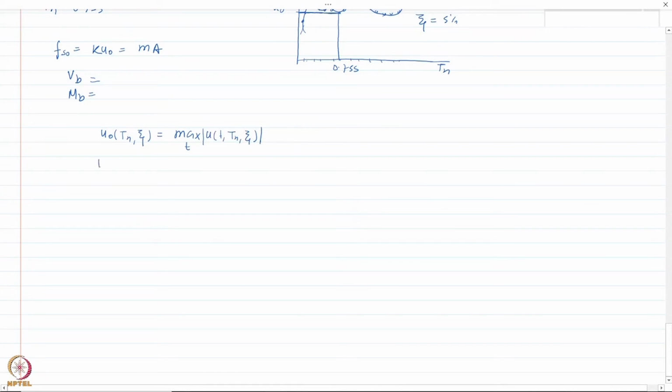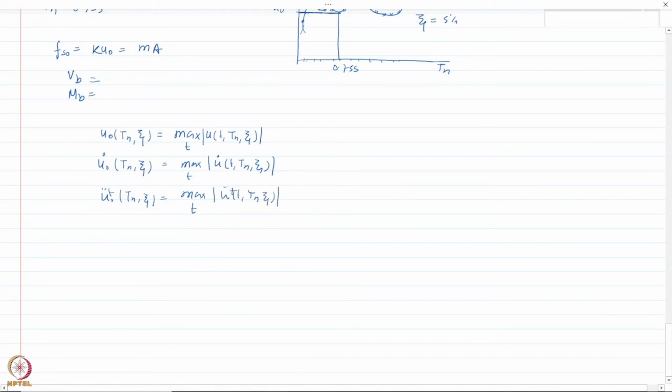Similarly, I'm going to find out the velocity, again the maximum over Tn and zeta, and then the total acceleration here, again Tn and zeta.